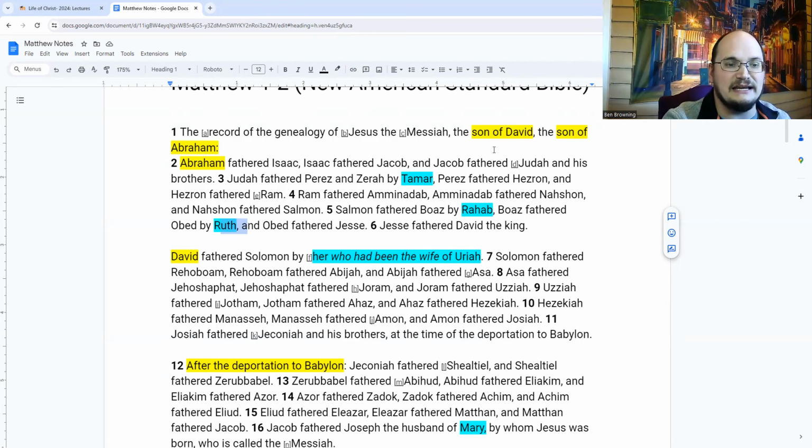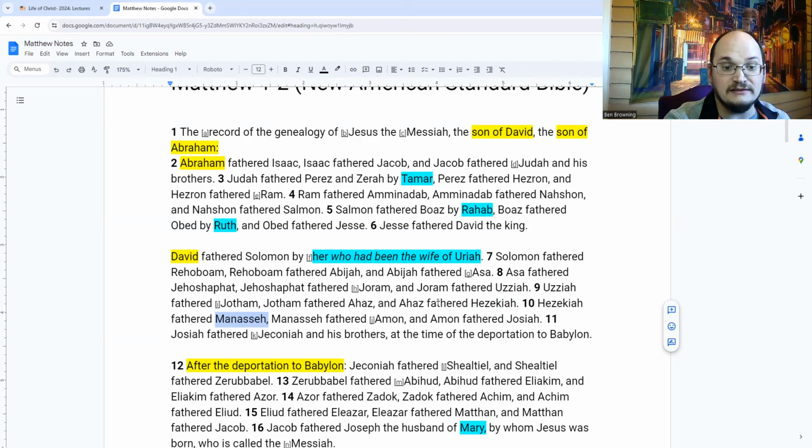Another problem with this idea that they were all sinners, therefore that's why they were uniquely mentioned, is that if you look at the males mentioned here, we also see kind of a mixed bag, right? You have people like Hezekiah, who is pretty positive. You have people like Josiah, who was pretty positive. Yet you also have people like Manasseh, who is arguably the most wicked king in the history of Judah.